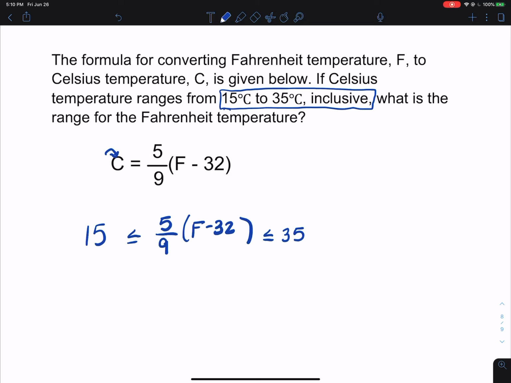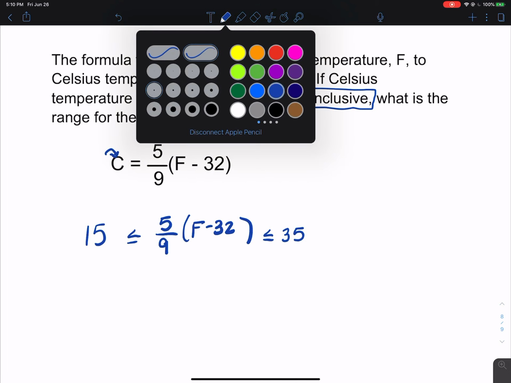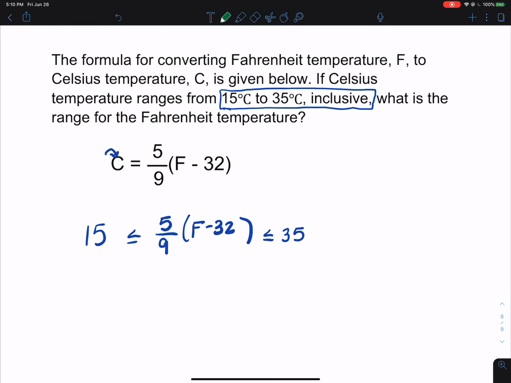So the first thing that I'm going to do, because there's a fraction, is multiply through to get rid of the denominator. So I'm going to multiply by 9, multiply by 9, and multiply by 9. If I do that, I end up with 135 is less than or equal to 5 times F minus 32, which is less than or equal to 315.